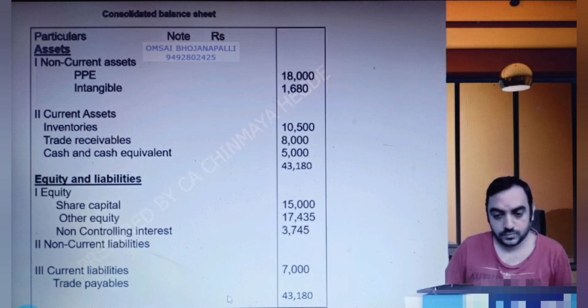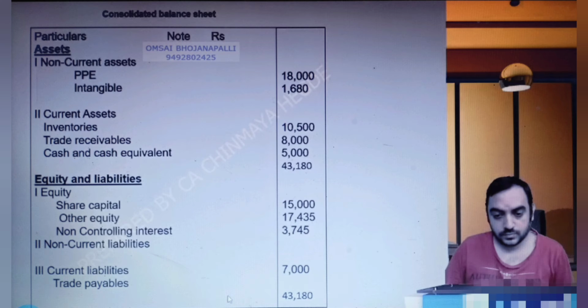Next we have revaluation treatment, fair value adjustment. We have PPE. So let's do as per subsidiary books, as per group books, net difference.